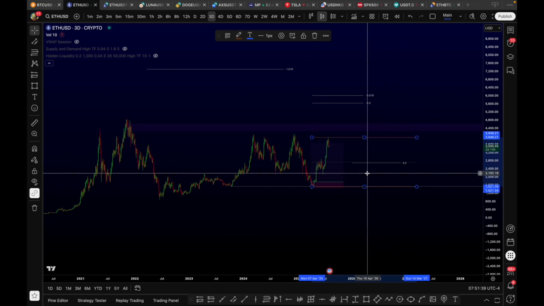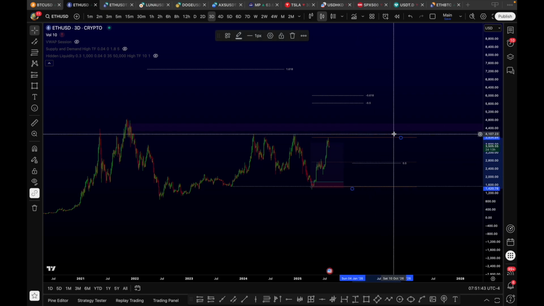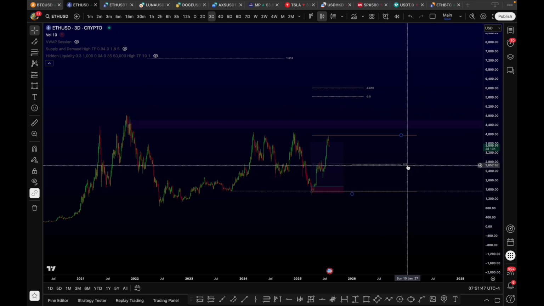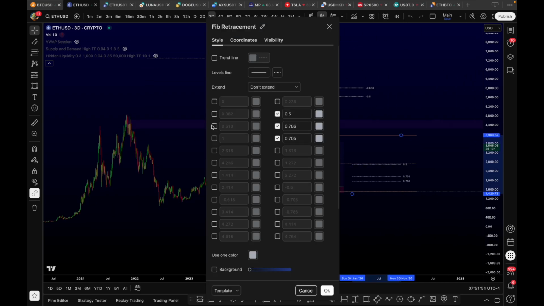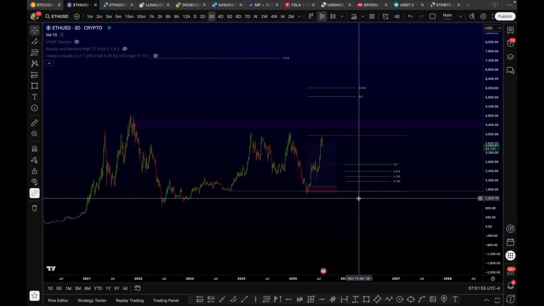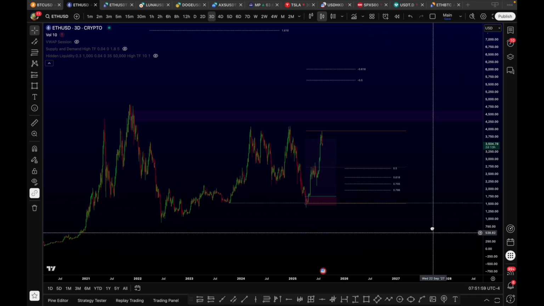So in the end my 0.5 is the middle of the range, and is my equilibrium, and then everything in between are just grades, or steps within this range.